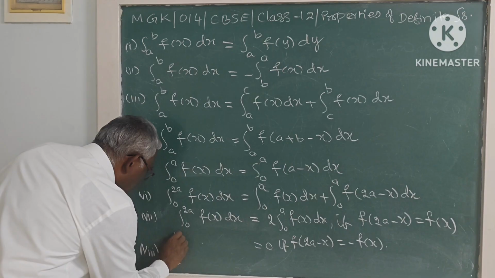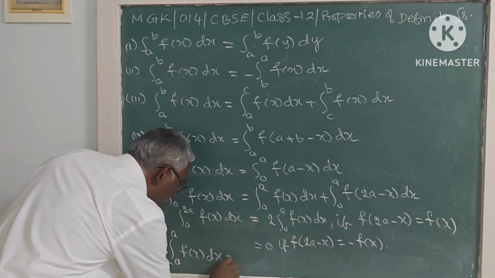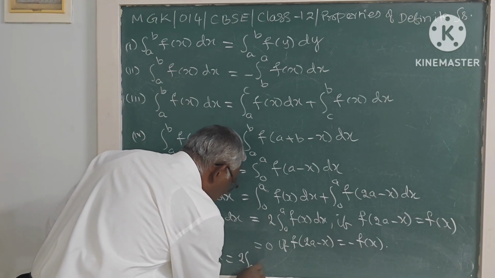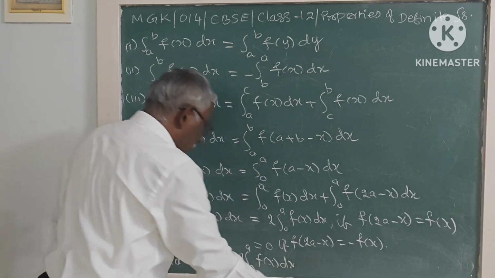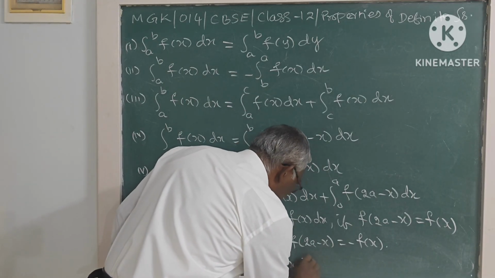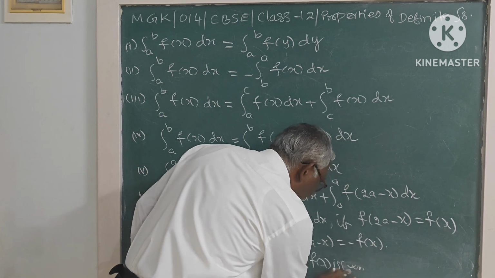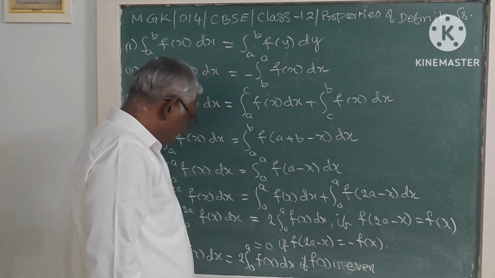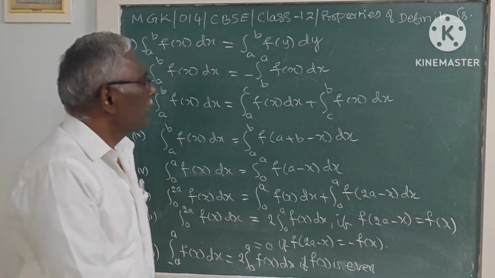Integral minus a to a f of x dx is equal to 2 times integral 0 to a f of x dx if f of x is even, and it is equal to 0 when f of x is odd.